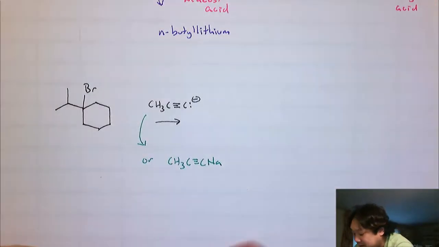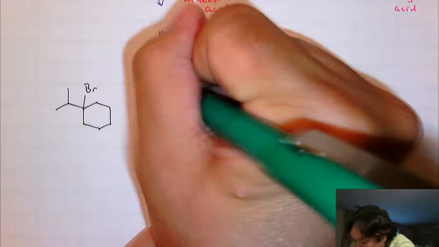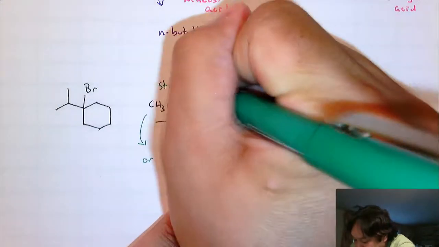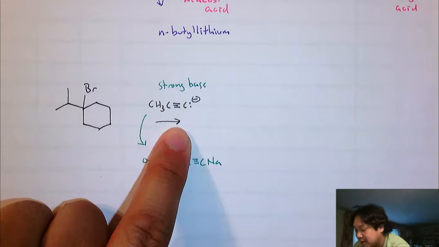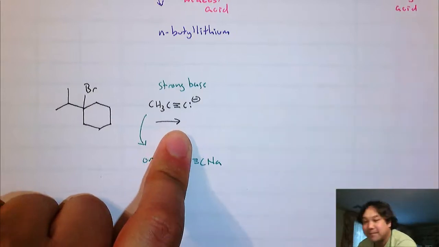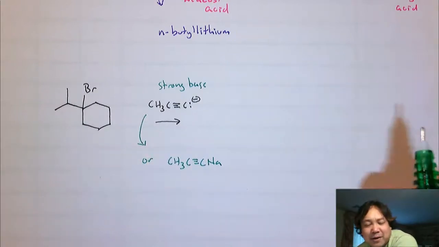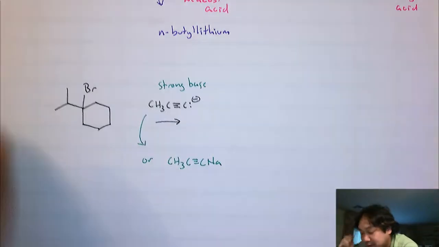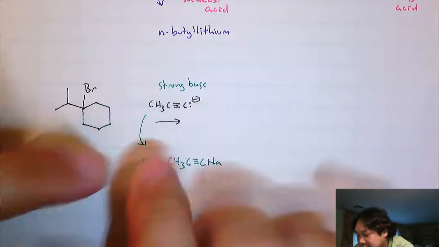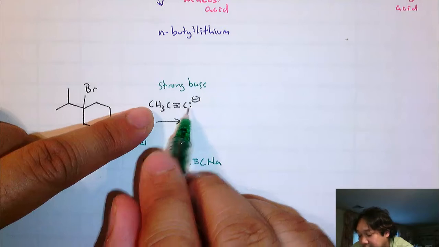This is still a base, okay? It's still going to act like a base. It's a fancy base, but it's still going to act like a base. I could hear someone ask, is this a bulky base? No, because it's linear. So there's not a lot of crowding around this anion.